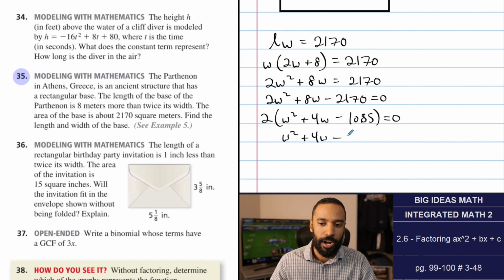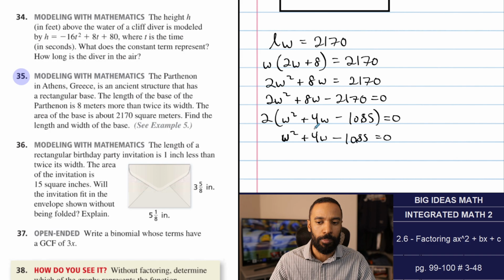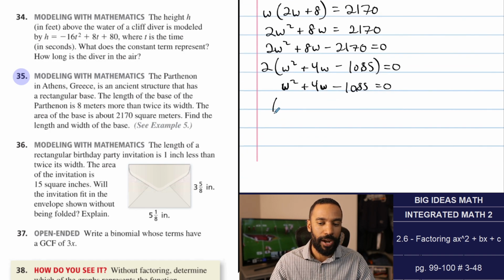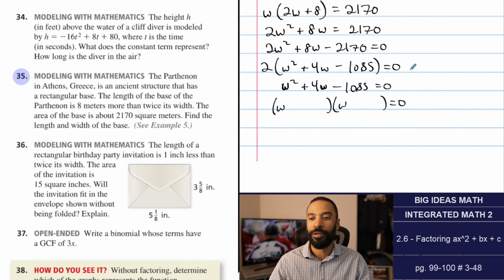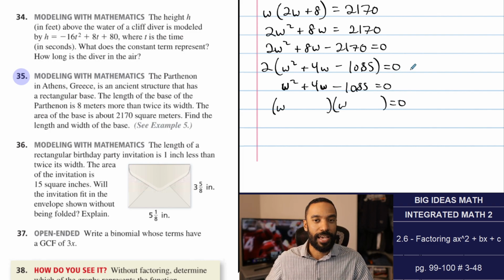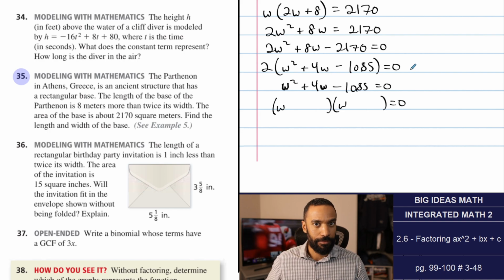Now, the nice part about this is that, well, you know what? This won't be necessarily too bad. My numbers have to be 4 apart. Because this is a 1w squared, I am just finding 2 numbers that multiply to this and add to that. And remember, they have a difference of 4. One of the numbers has to be 5.